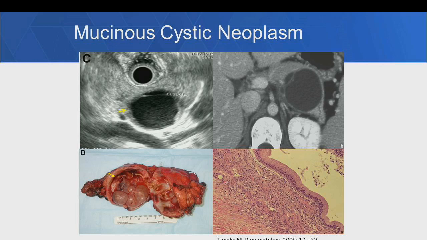A gross pathological example would be in the bottom left, and then finally to your right is the histological pattern, which is typically diagnosed by the presence of ovarian stroma underneath the columnar epithelium, and that is perhaps the key to making this diagnosis, which is then challenging short of surgery.